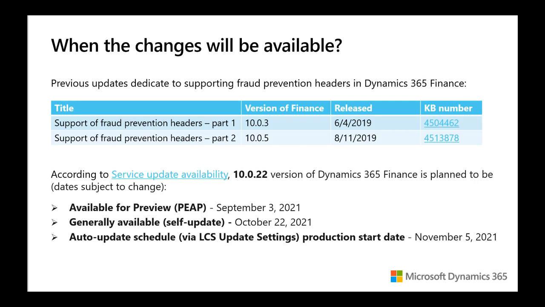On 23rd of October, version 10.022 will be generally available for upgrade of production environments. Before that, in the end of September, this version will become available for sandboxes environments, and it will be possible to try this feature update on your sandboxes.